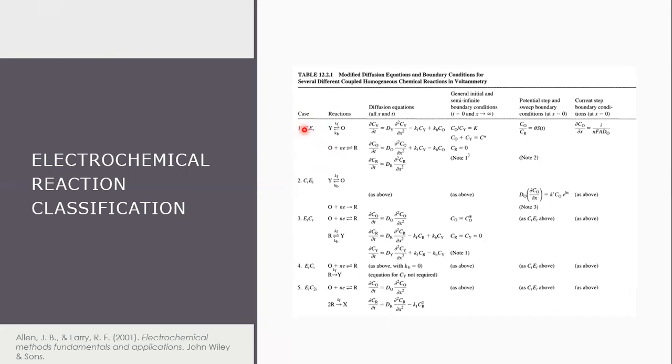So this is a coupled reaction, and this is your electrode reaction, and in this case both are reversible. Your coupled reaction occurs first inside the solution, and then the reaction takes place at the electrode interface. And this also defines the shape of the IV response that you get.